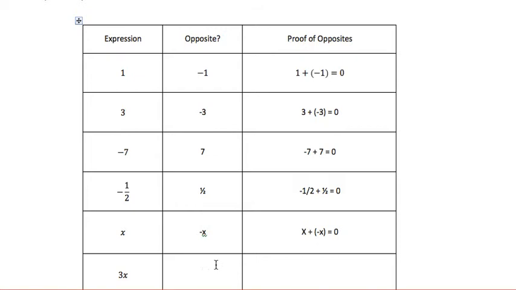So the opposite of 3x would be negative 3x. And if we add them together, 3x plus negative 3x would cancel each other and give us 0.